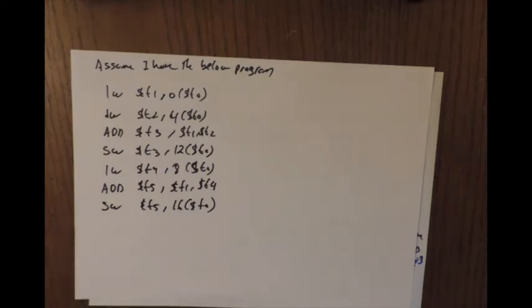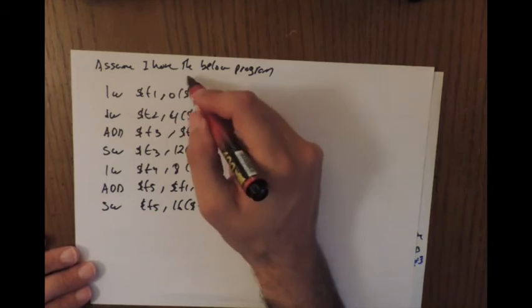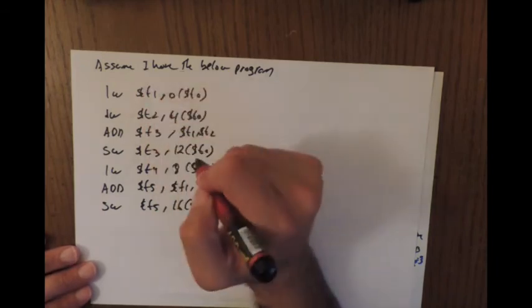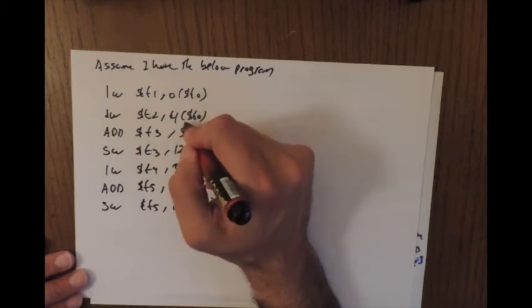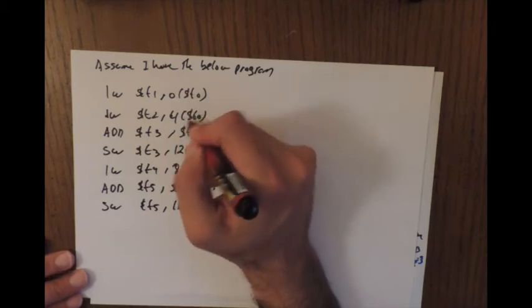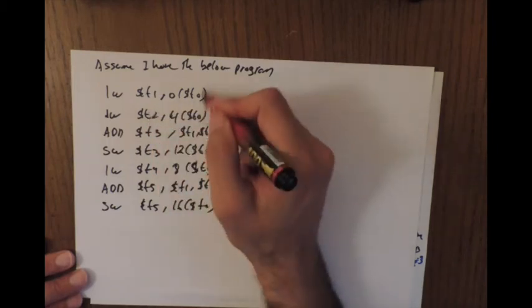So alright, I have this program. So now I need to detect where do I have data dependency. So in the first one, I'm reading the value of $T0 and storing it in $T1. So now in the second instruction, I'm reading also from this value and placing in T2. So here I have no dependency between those two.